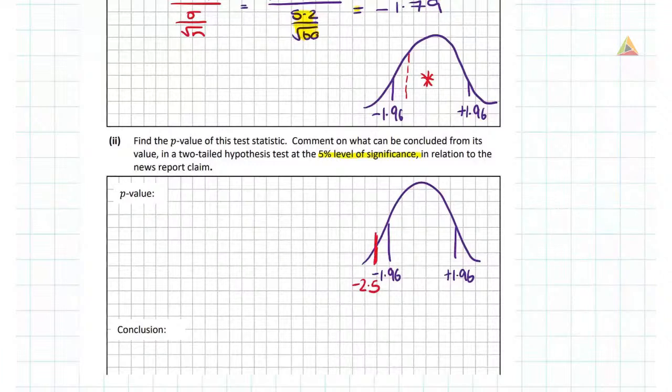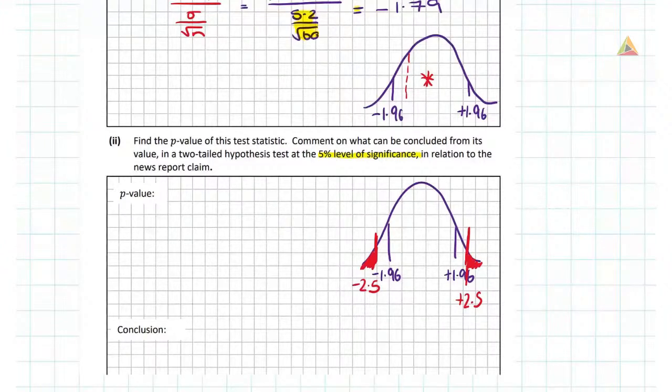So that would lie out here somewhere. And if we know it's symmetrical, so if we put in plus 2.5, that would lie up here somewhere. What your p-value does is it basically calculates the shaded area to the left of minus 2.5 and to the right of plus 2.5, if that's your z value.